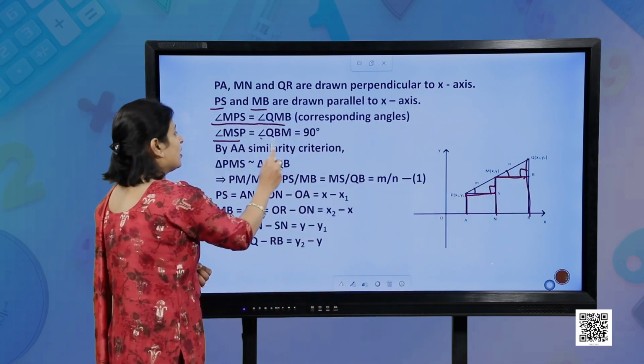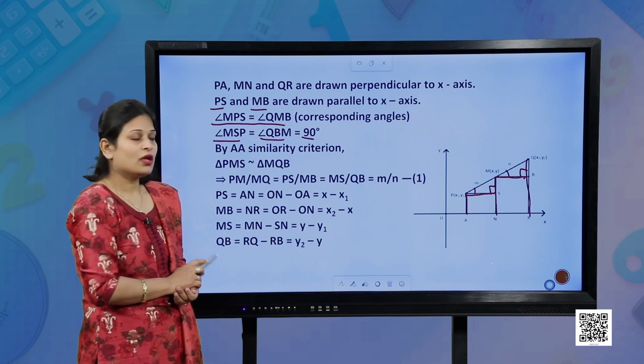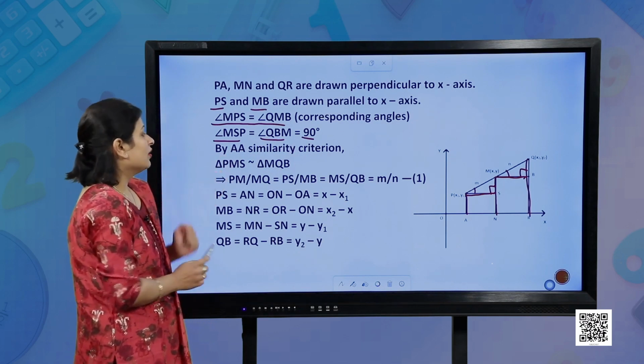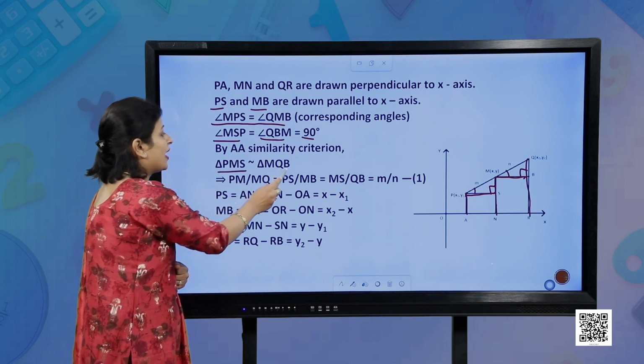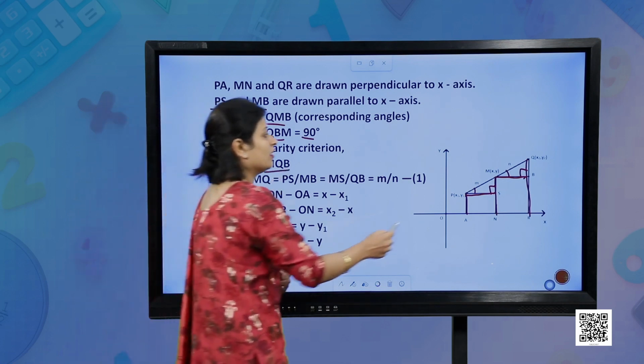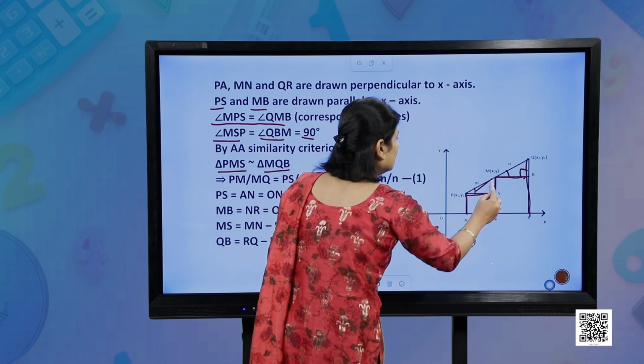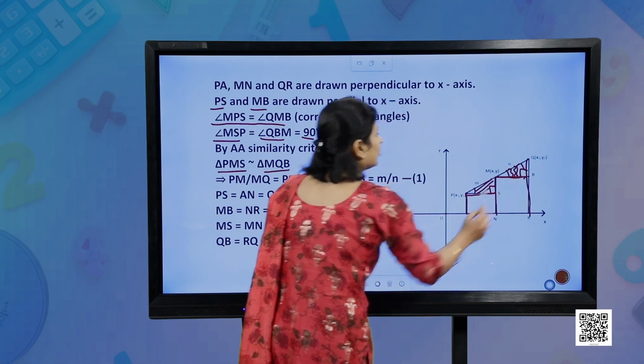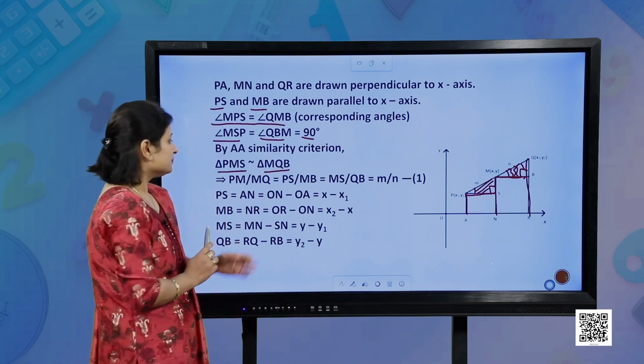So both the angles are 90 degrees. So, by AA similarity, what you will get is triangle PMS and triangle MQB. Both are similar.